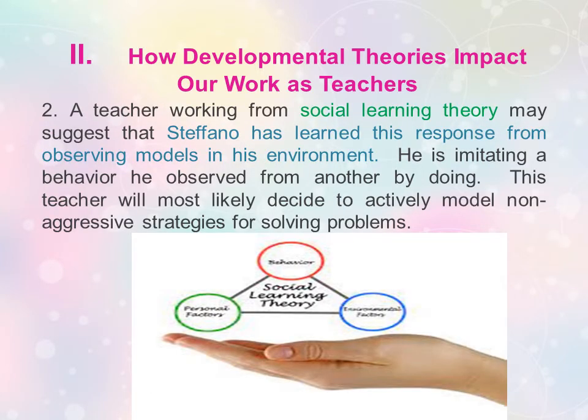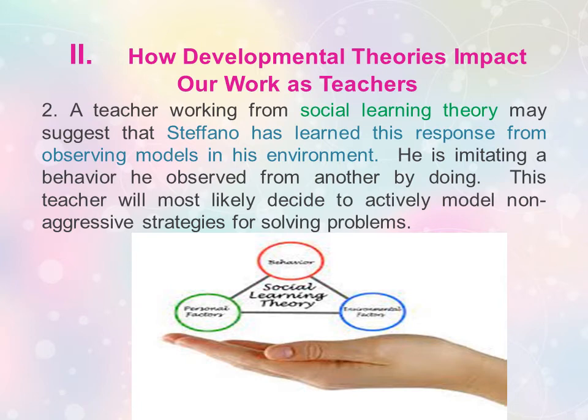Next, a teacher working from social learning theory may suggest that Stefano has learned this response from observing models in his environment. He is imitating a behavior he observed from another by doing. This teacher will most likely decide to actively model non-aggressive strategies for solving problems.